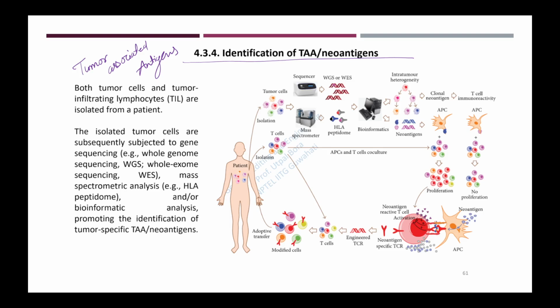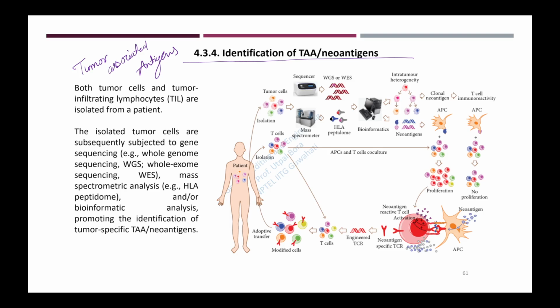If you do a whole proteome analysis of the cells, there are certain antigens that are mutated in those particular cells, and due to that it becomes a cancerous cell. So those particular antigens are referred to as neoantigens or tumor associated antigens.